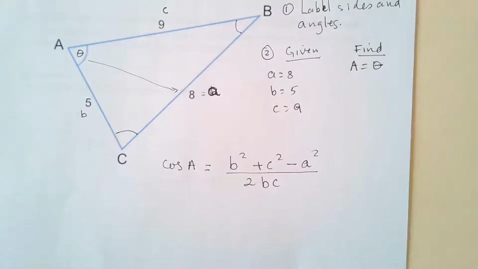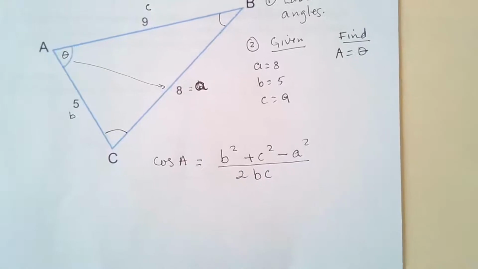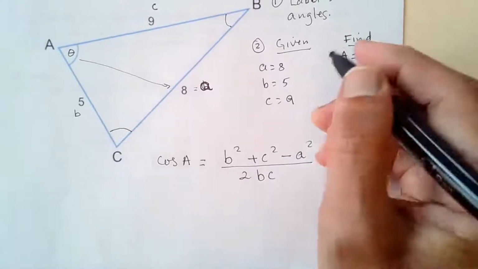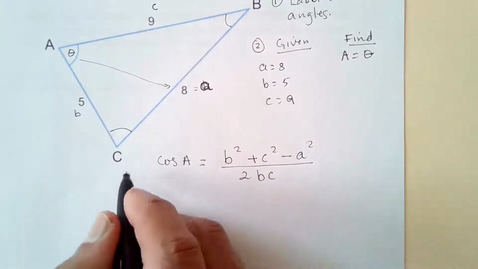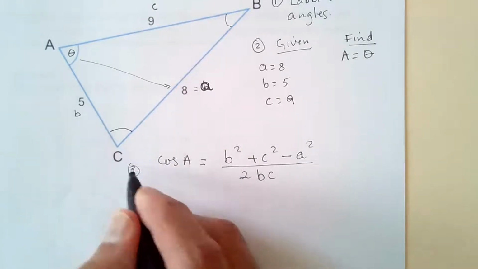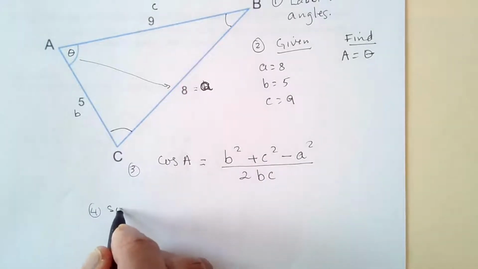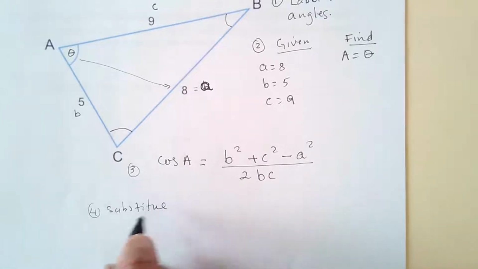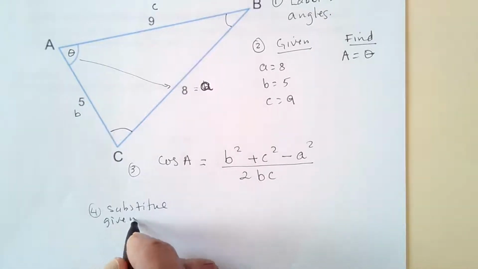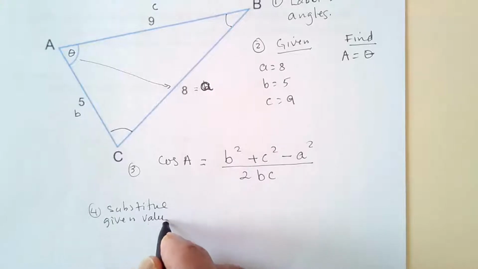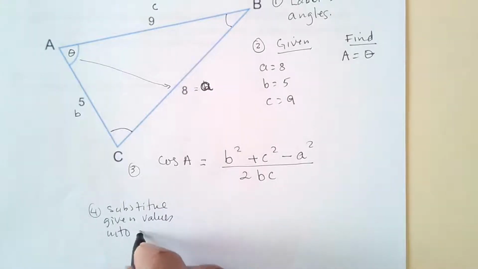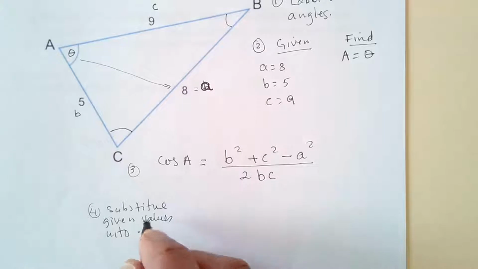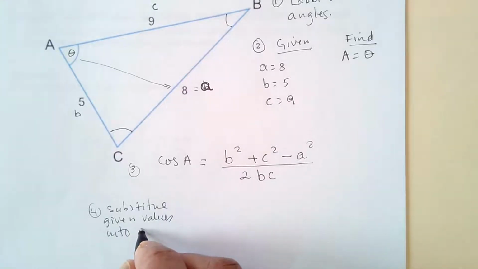The next step I'd like to do is to substitute the given values. So step 4, given values into cosine rule.